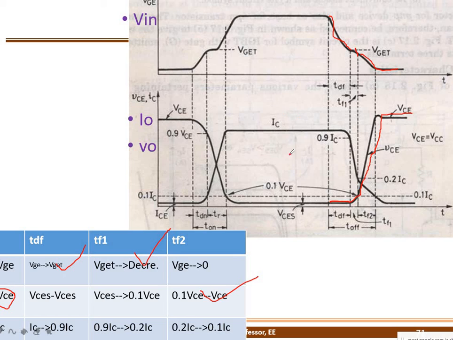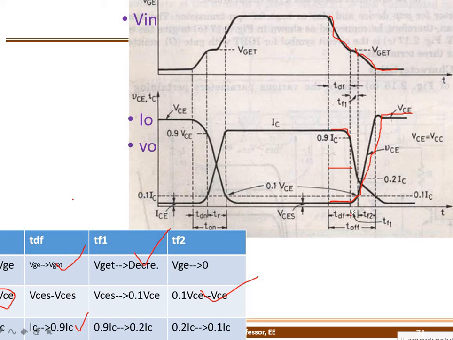What is this one? IC is the output current. During this period, what happened? This period is called the delay fall time. It starts to decrease from IC to 0.9 IC. I have written that in the table.